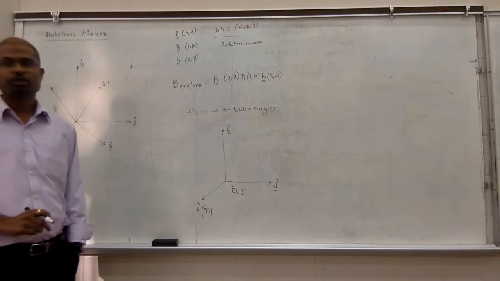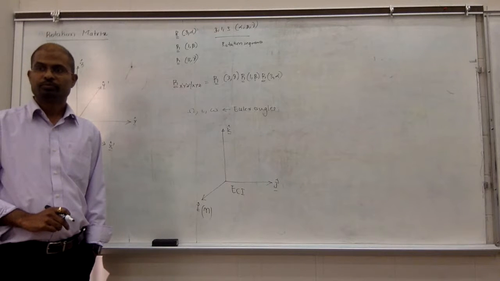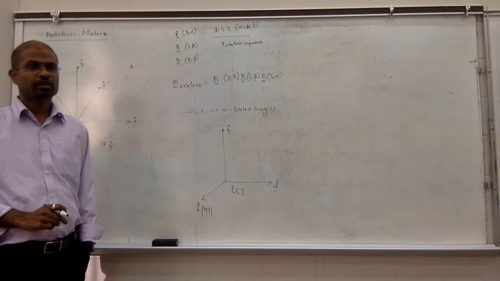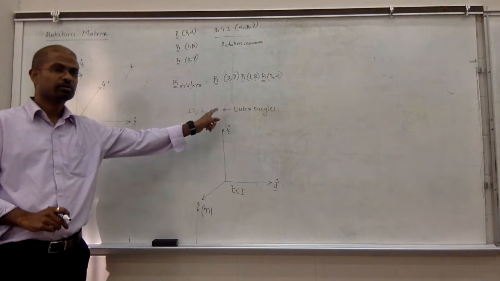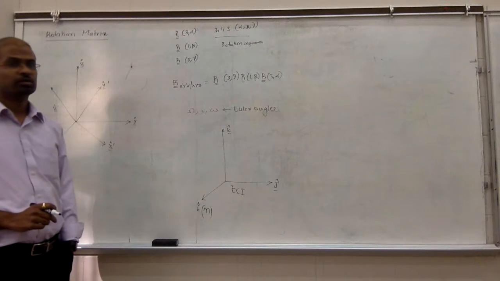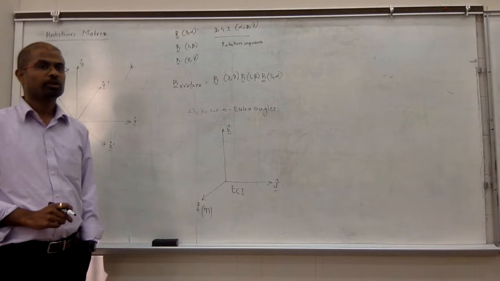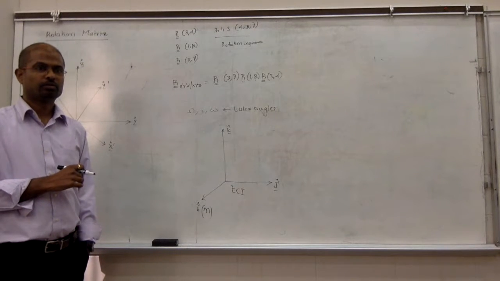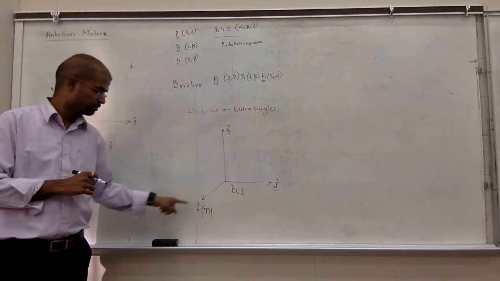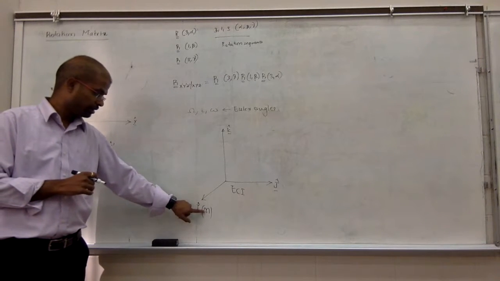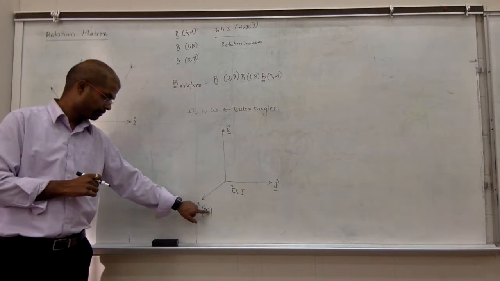What is the ECI frame? You remember the ECI frame? ECI frame is Earth-centered inertial. What direction is this? That's in the direction of the north pole, or the axis of rotation. This is the north direction. What is this? The Aries constellation.